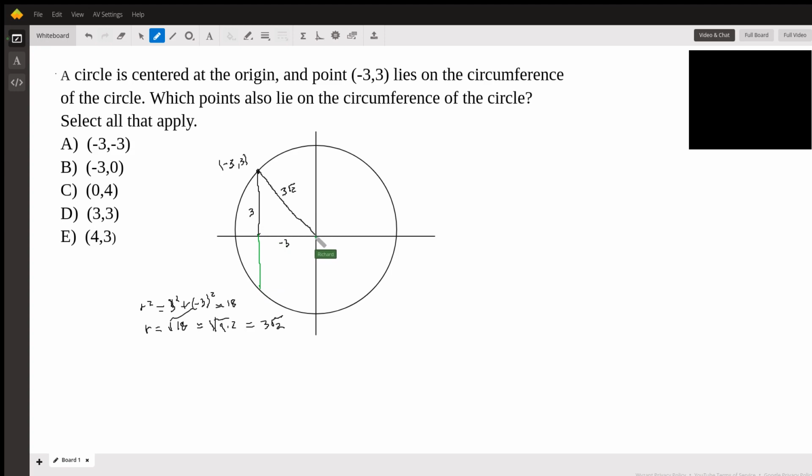This is a distance of 3, and that's a distance of 3. You can see that the radius here, this distance, is also going to be 3 root 2, again from the Pythagorean theorem. So that's a yes.